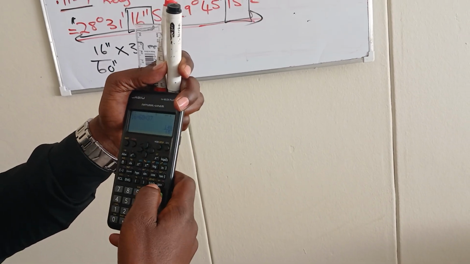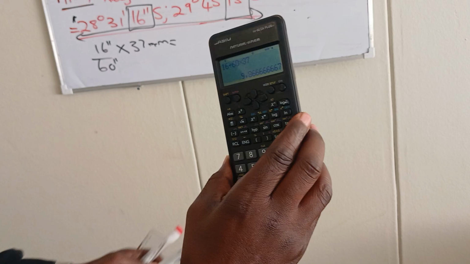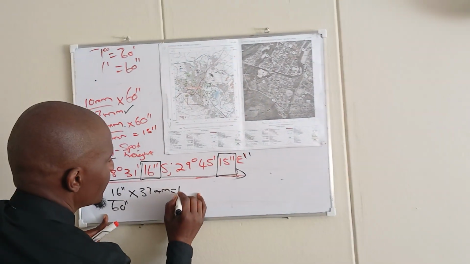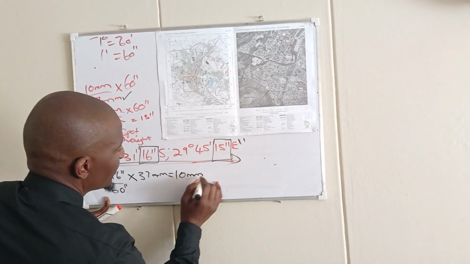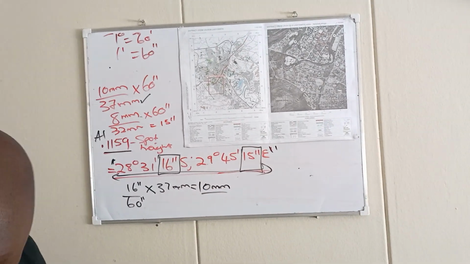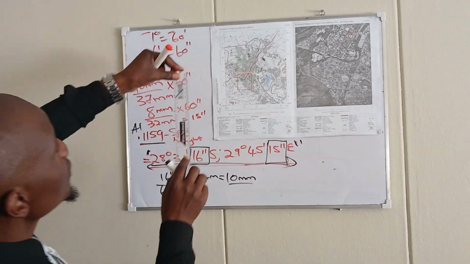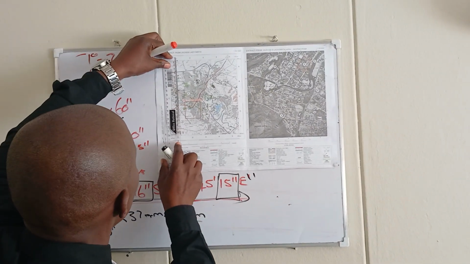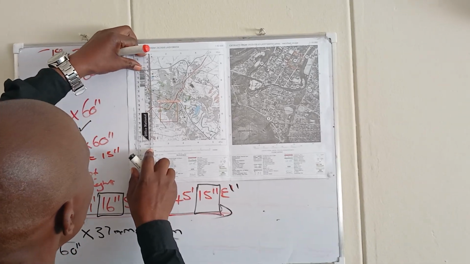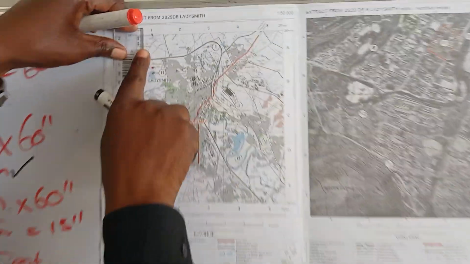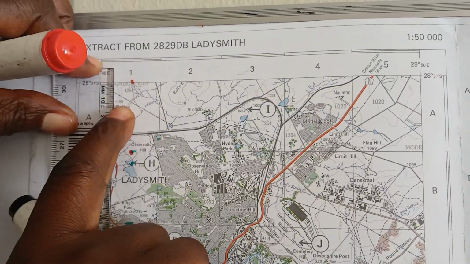What do I get here? I've got 9.8, which is more like 10, which means I'm going to get 10 millimeters. So if I measure from here up to there, I want to find where my 10 millimeters is. You can see 10 millimeters from there up to there is getting me to the spot height 1159.